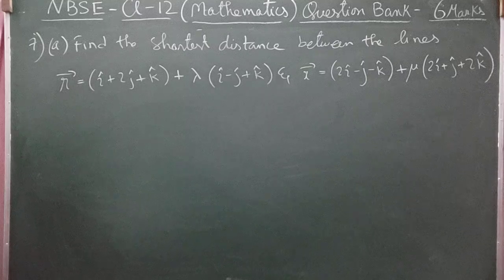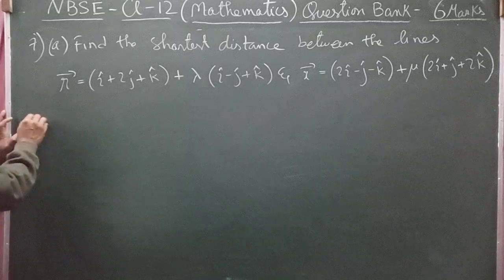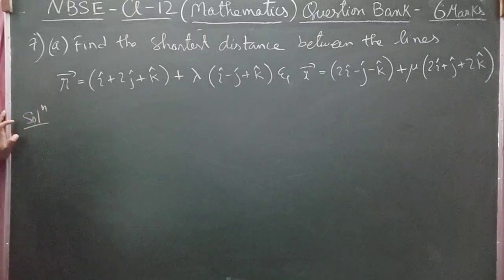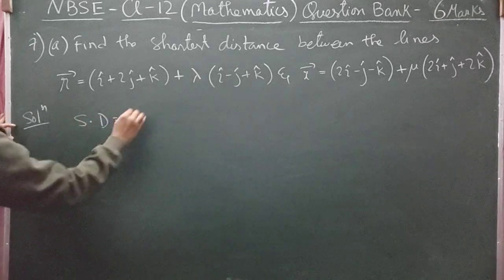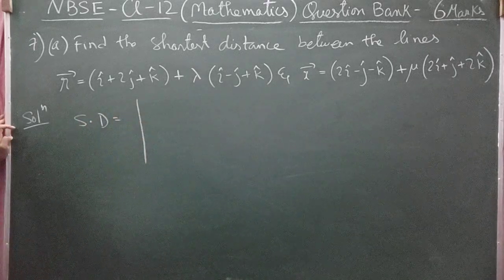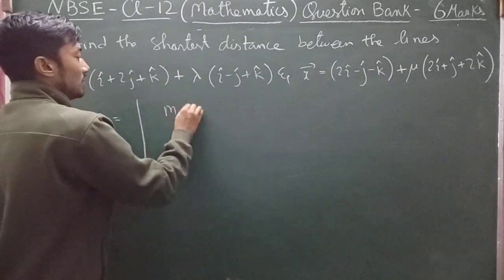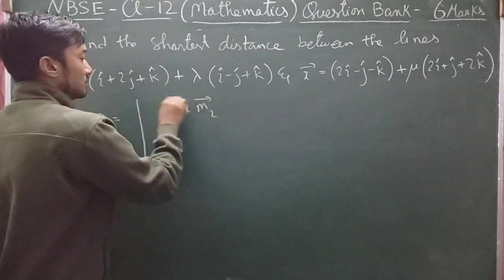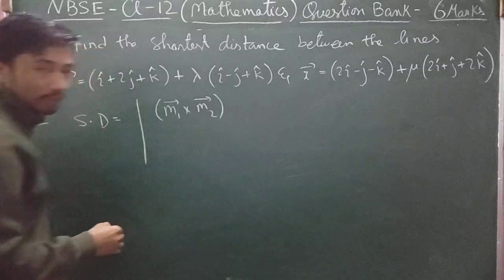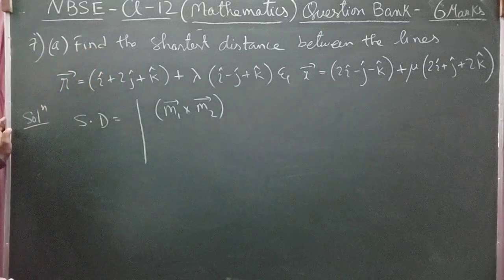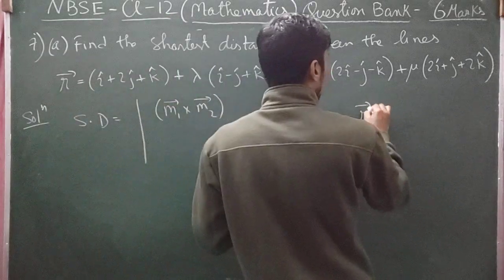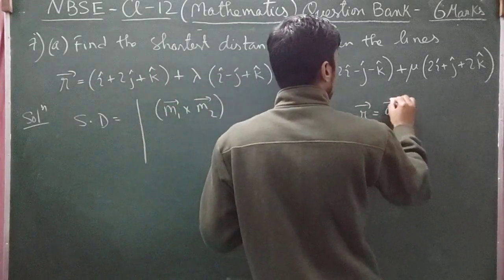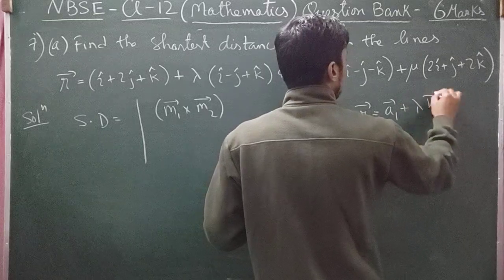Alright, so what was the formula for the shortest distance? The shortest distance between two lines is given by the magnitude of m1 cross m2, where m1 and m2 are the parallel vectors. In some textbooks, instead of m1 and m2, they write b1 and b2 because they compare with r equal to a1 vector plus lambda b1 vector.